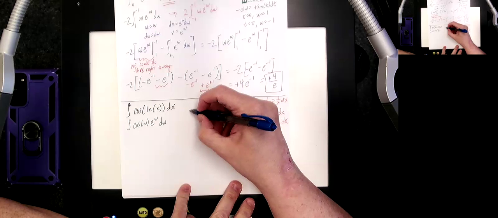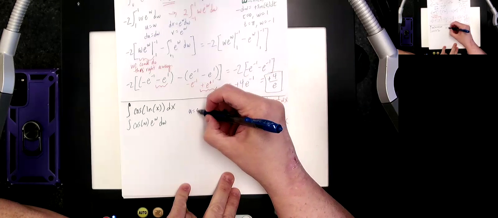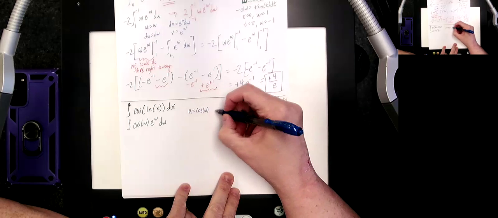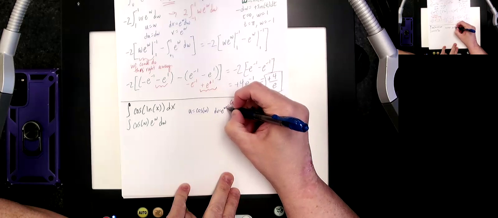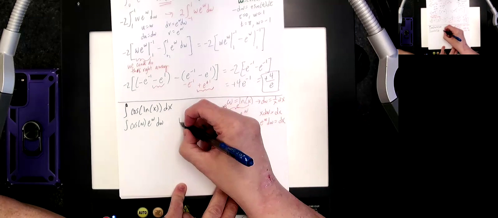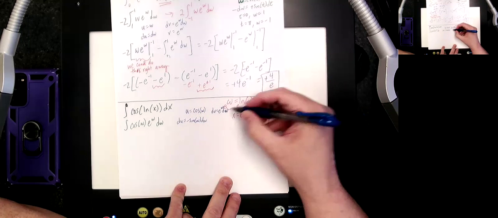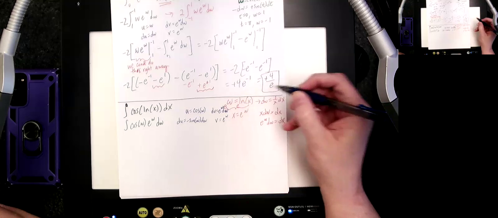So I'm gonna say u equals, it's the first one on the list, which is a trig function, cosine of w. dv equals e to the w dw. So du is negative sine w dw, and v is e to the w.